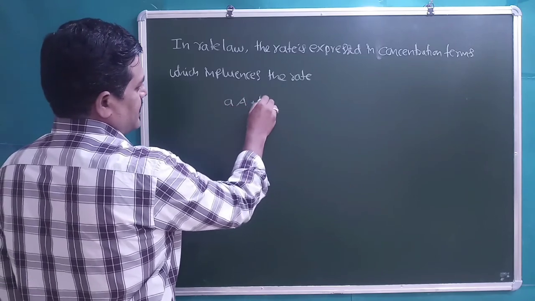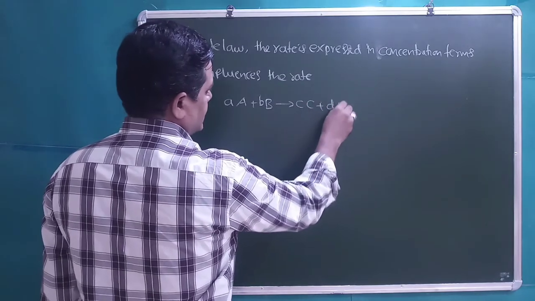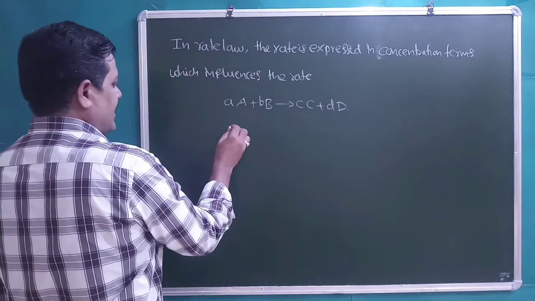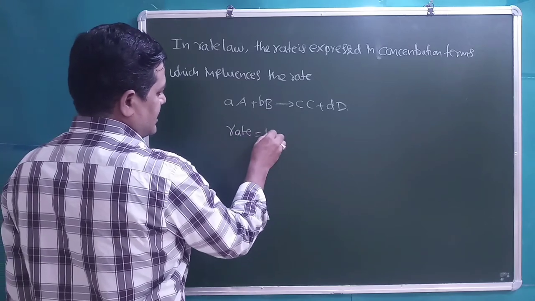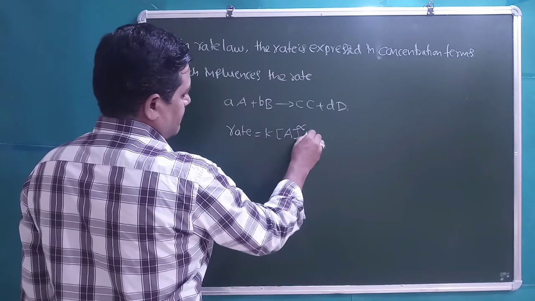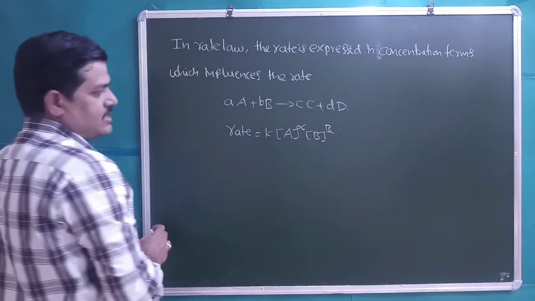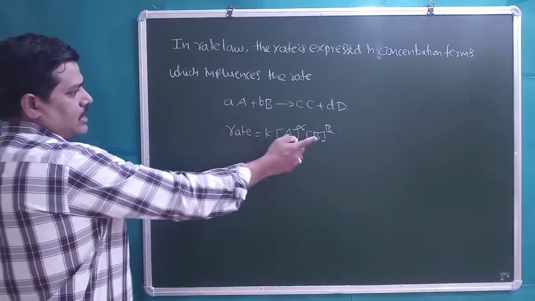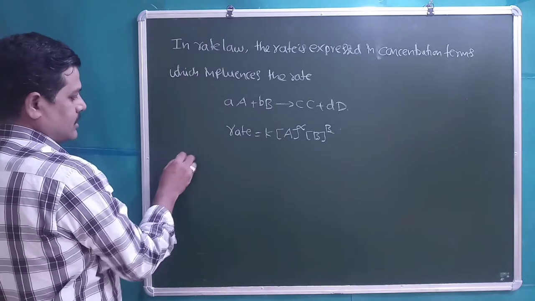For example, we will take the same hypothetical reaction, aA plus bB gives cC plus dD. Students, then the rate expression we can write as rate is equal to some constant K multiplied by [A] power alpha [B] power beta. Here alpha and beta may or may not be the same as a and b.